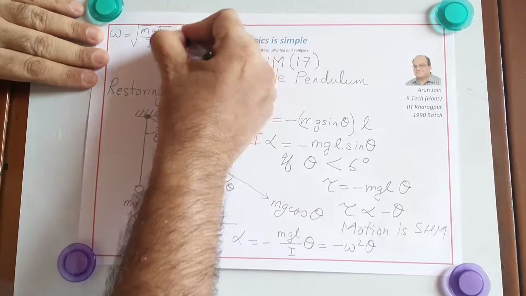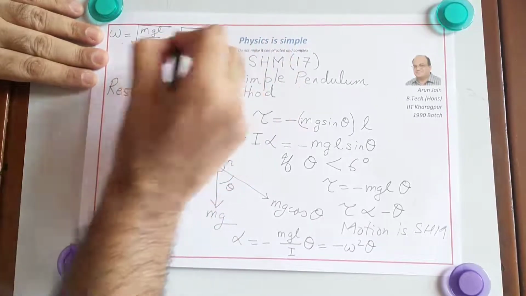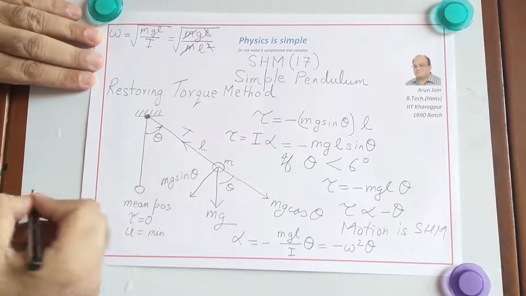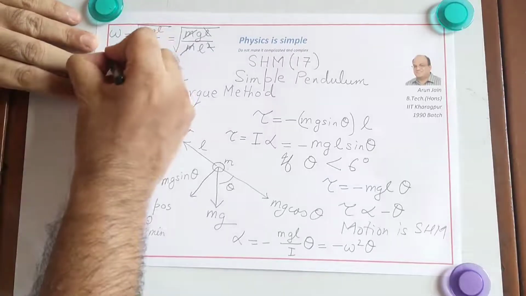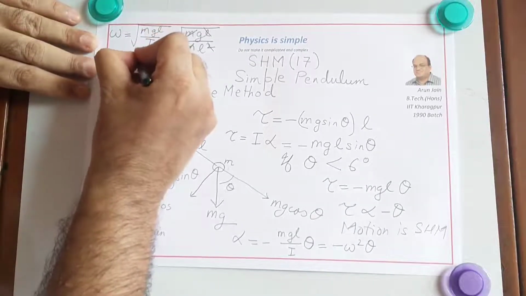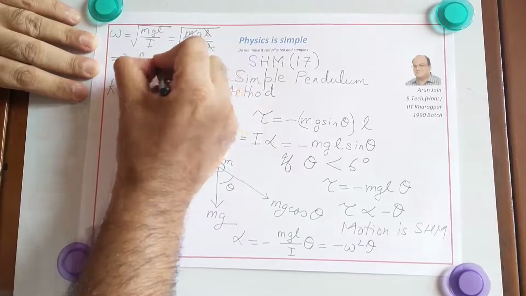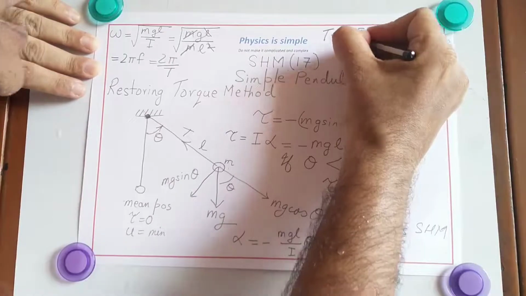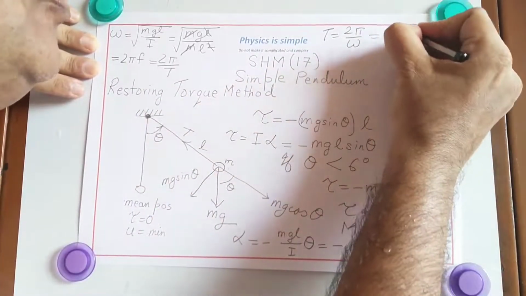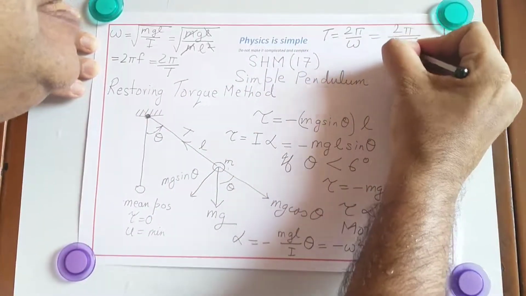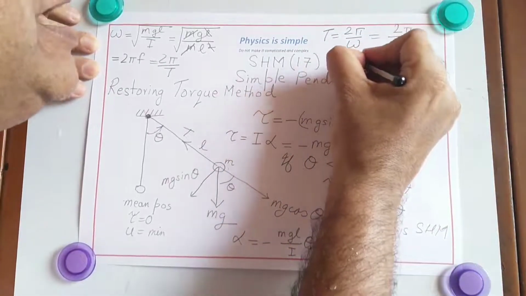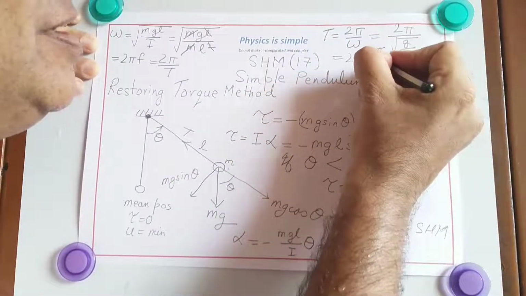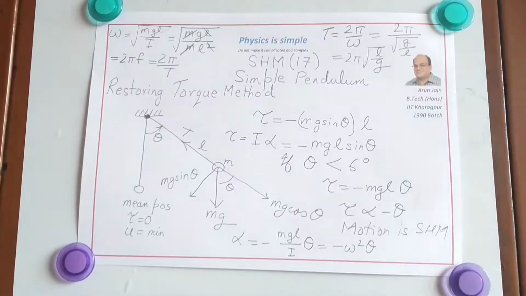So m gets killed, one L gets killed, so we get root over g by L. And now we know that omega is 2 pi into frequency, that is 2 pi by time period, and therefore time period is 2 pi by omega, and 2 pi by root over g by L, that is 2 pi root over L by g. So this is how we can find the time period of a simple pendulum by restoring torque method.